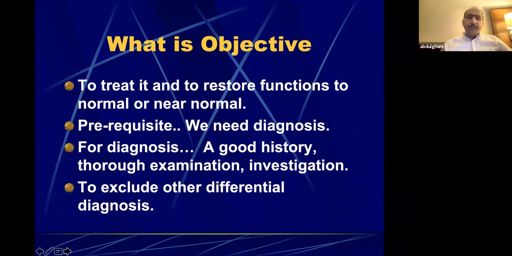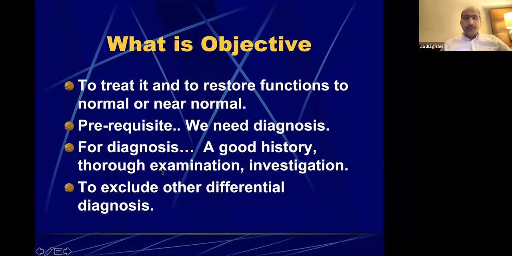When we talk of management or approach, what is the objective? The objective is to treat it and restore the function of the joint to normal or near normal if possible. What is the prerequisite? We need to have a complete and exact diagnosis. If our diagnosis is not correct, we will not be able to treat it.